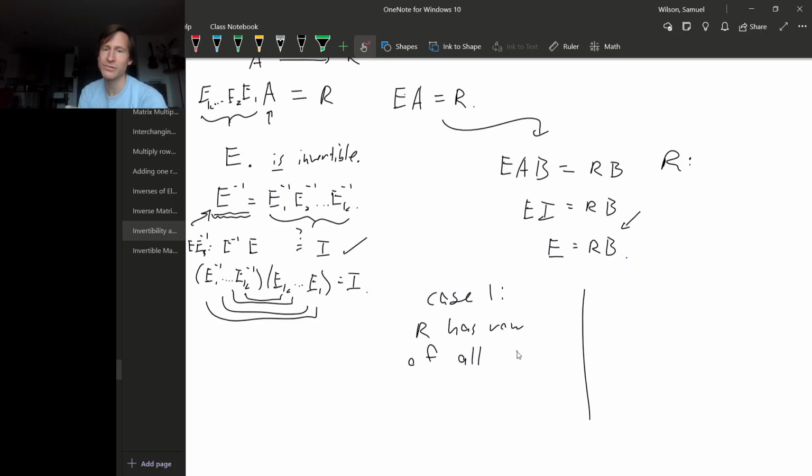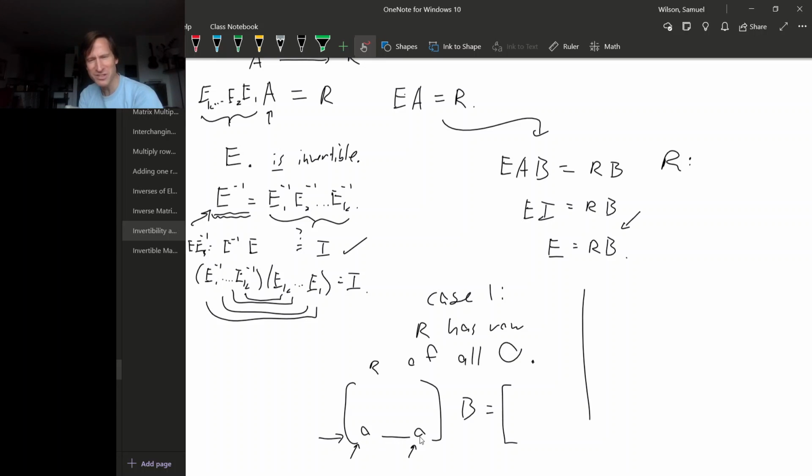So it has a row of all zeros. If that's the case, then R times B, right? Imagine if you had a row of all zeros and you multiply by some matrix B. Well, multiplying on the left by this matrix R, remember what that does is it uses these zeros as coefficients to combine the rows of R, or the rows of B. But for this last row in R, the row that's all zeros, all these coefficients are zeros.